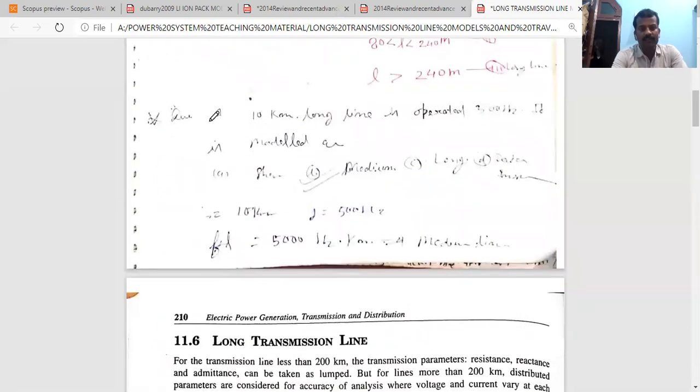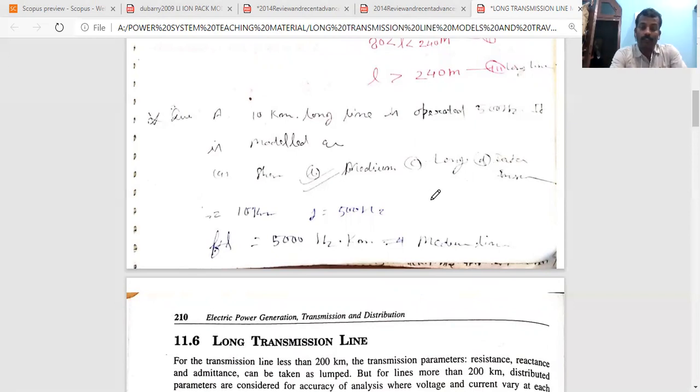This is a numerical from GATE. A 10 kilometer long line is operated at 500 hertz. You can see very carefully, this is 500 hertz. If it is modeled as such, then what will be the type of the transmission line? It will be short, medium, long, or data is insufficient.